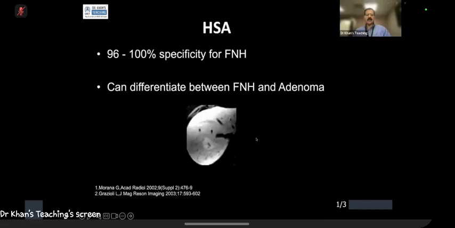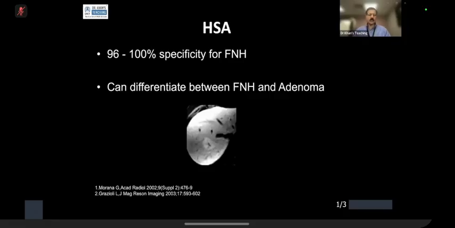Please remember that the key concept is that FNH has normal hepatocytes. There can be a central scar, but otherwise there are normal hepatocytes which can show excretion on the hepatobiliary phase. Adenomas do not behave like this. Till the delayed phase, till 10 minutes, as far as contrast enhancement is concerned, adenomas and FNH will both show arterial enhancement and no washout.